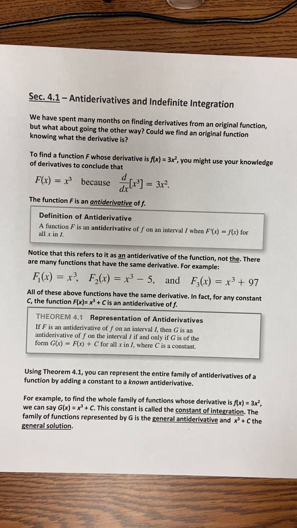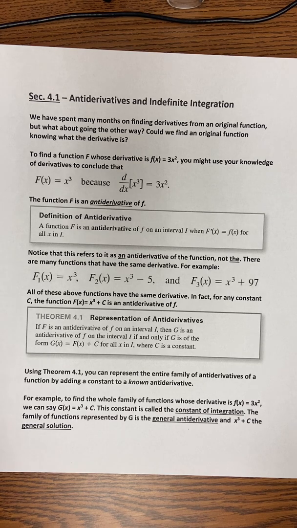As a general theorem for representing our antiderivatives, if F is an antiderivative of little f on an interval I, then G is an antiderivative of f on the interval I if and only if G is of the form F of x plus C for all x in I, where C is a constant.